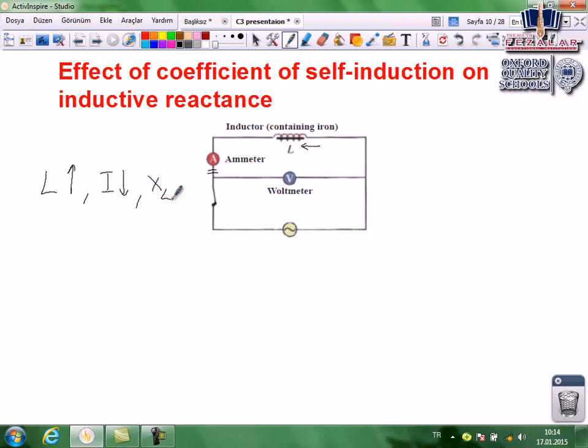Decreasing current refers to XL increasing. L increases, XL increases. So we can say that XL is directly proportional to L.